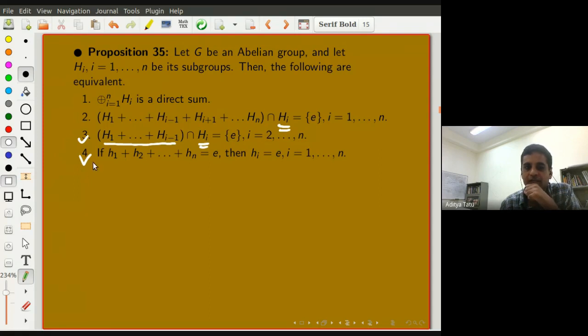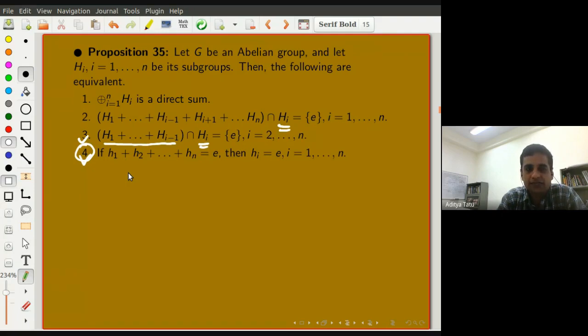This point is interesting. The definition says all elements should have a unique representation, but this point says that even if the identity element alone has a unique representation, you can show all other elements will too.